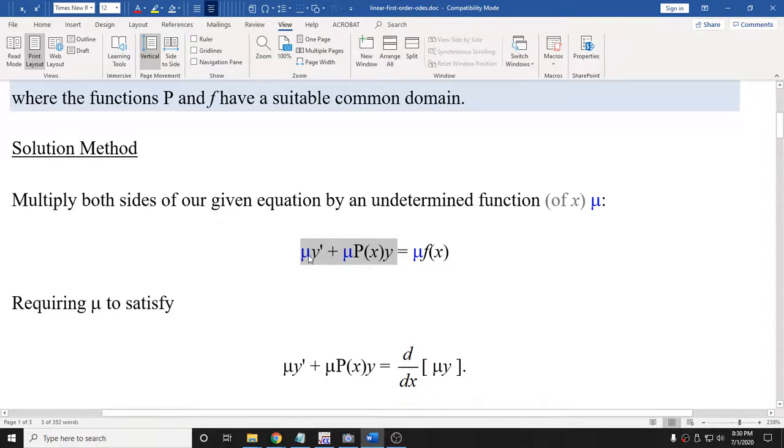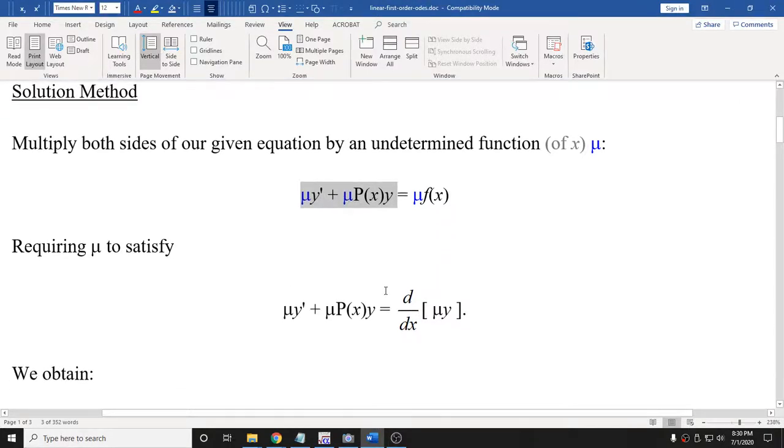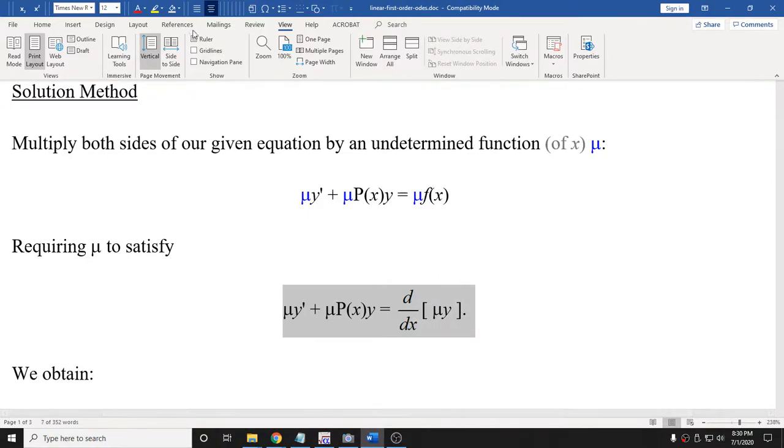So let's require mu y' + mu p(x) y to be equal to the derivative of mu times y. I'm highlighting that. So we want mu y' + mu p(x) y to equal the derivative of the product of mu and y.